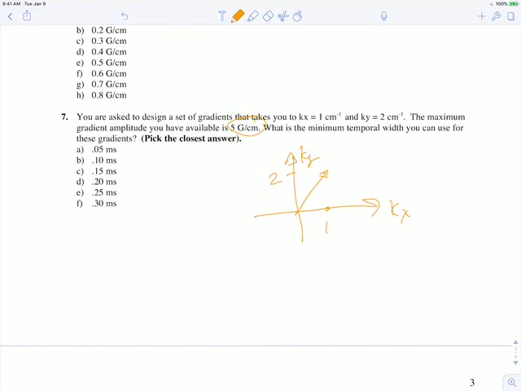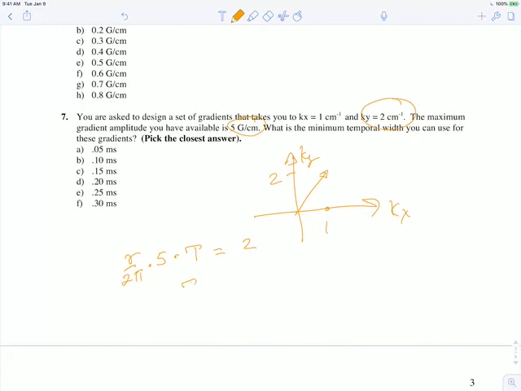Okay. So the first question you have to ask is, which is going to dominate? Is it going to be moving out in ky or kx that is going to really constrain my problem? Kx, right? Because I've got to get farther out in kx. So I just need to look at kx. So I have gamma over 2 pi times my 5 Gauss per centimeter times the time it's going to take is equal to the bigger one, which is 2.